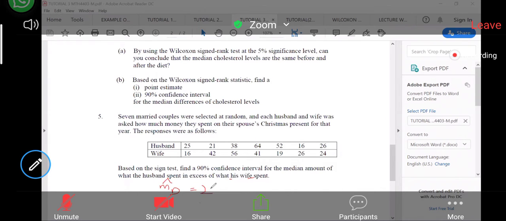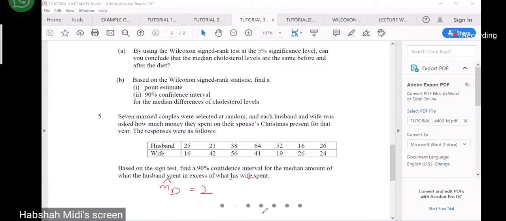And then the interval estimate: the lower limit is negative 21, and the upper limit should be 33.